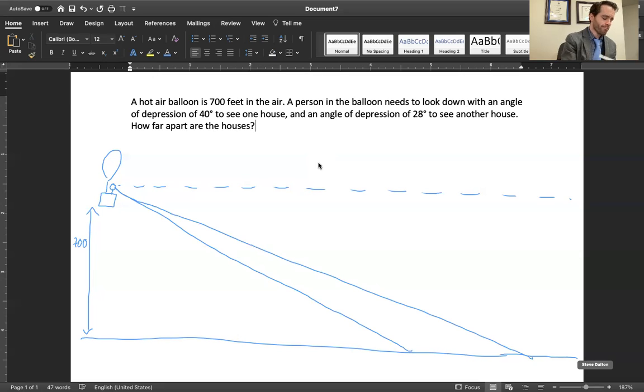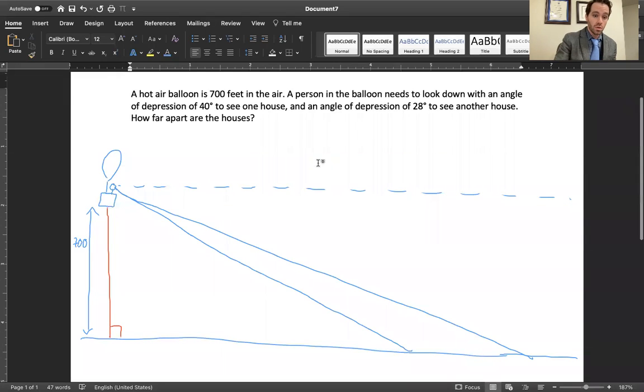And here's the thing. We aren't given a lot of other information here. So it doesn't seem like we've got a whole ton to work with. But what we can do is actually draw not one, but two right triangles. So I'm going to use the fact that this right here is 700, that that's a right angle. And then I'm going to draw two separate triangles to show each one of the situations.